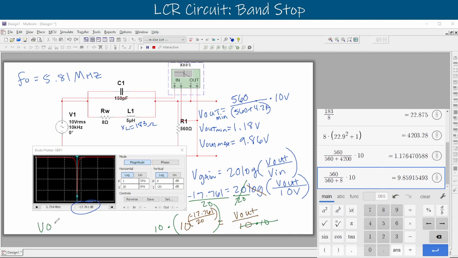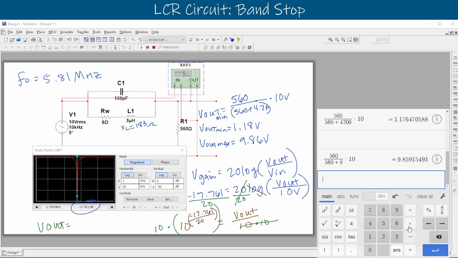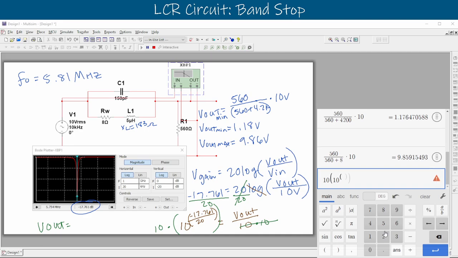So we'll have V out is equal to, and we can plug that into our Desmos over here. And we can say that we have 10, open parenthesis, times 10 to the, we'll go up caret here, and we'll open a parenthesis and put this division inside here.